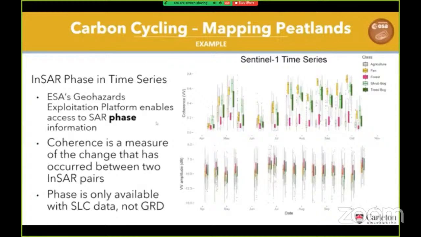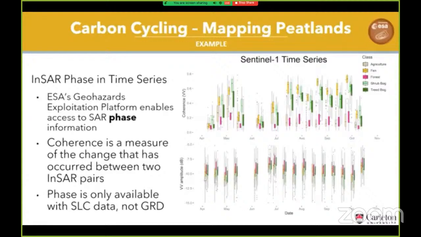And what I found is that C-band SAR amplitude, so the information you get in Earth Engine from the GRD product that's available, does not differentiate our peatland classes. And in this case here, I'm showing an example where we have a peatland that's in an agricultural area that's surrounded by upland forest. And this graph here at the bottom, you can see is amplitude over time.